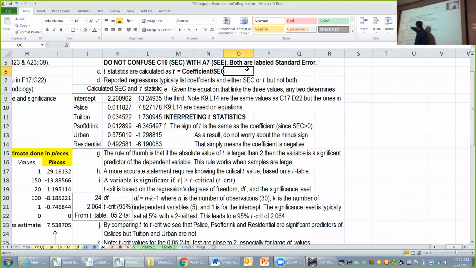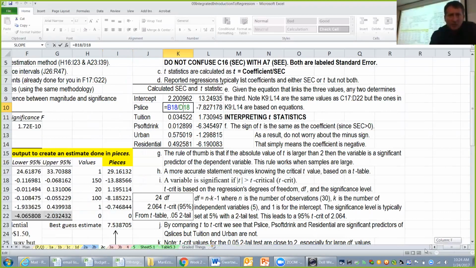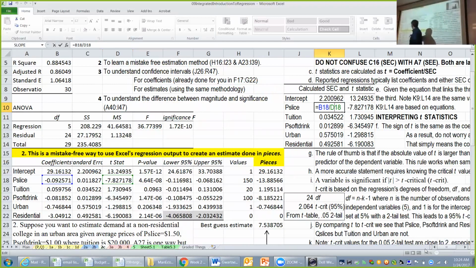And here, he gives you a double check of how that variable was calculated. So I'm going to double click this, which is a shortcut method of B18 divided by D18. So what he did is he took the actual variables over here and showed how they're related to each other.